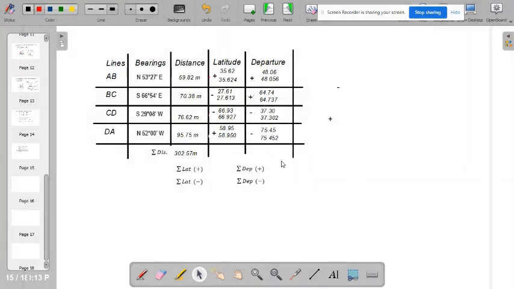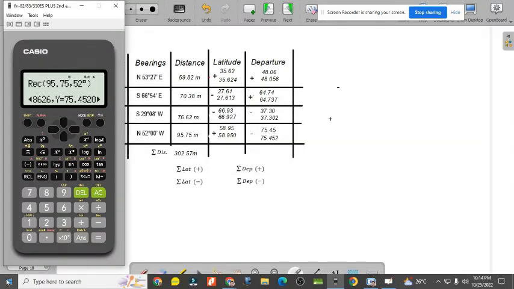Okay. The next thing you do here is to add all the same signs for latitude and departure. So for latitude, we have to add the positive and the negative. Let's get the three decimal places first. So we add 35.624 plus 58.950.